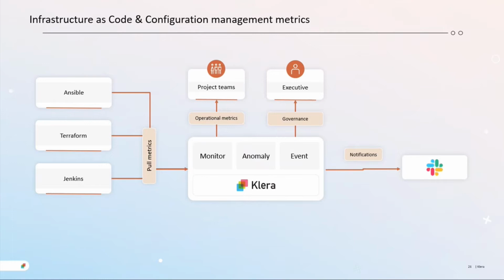With this end-to-end monitoring, the teams can identify anomalies as well, where certain pipelines are failing repeatedly or certain resources are getting updated frequently. That would allow teams to look at the root cause analysis and take some corrective actions.